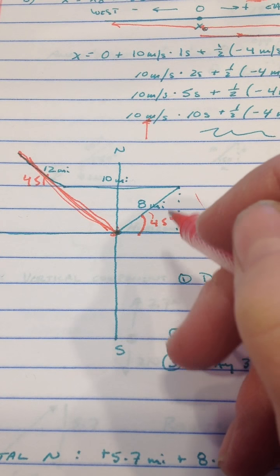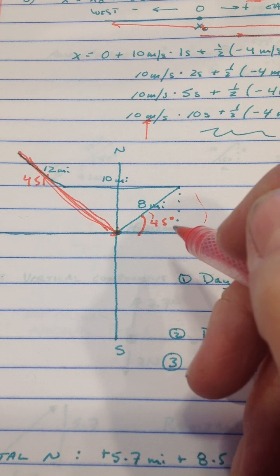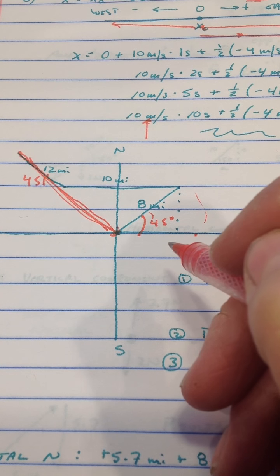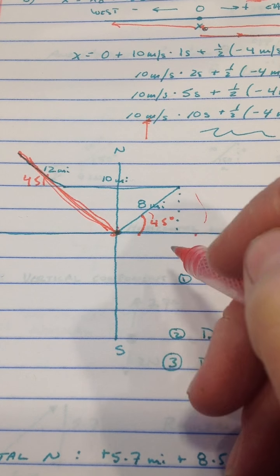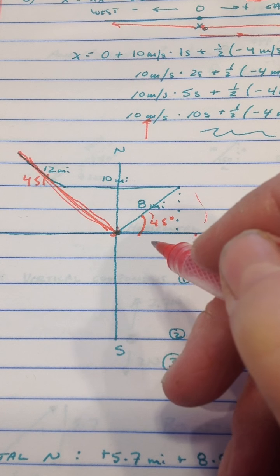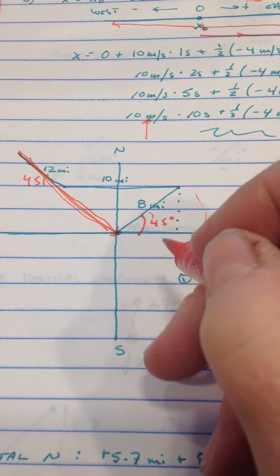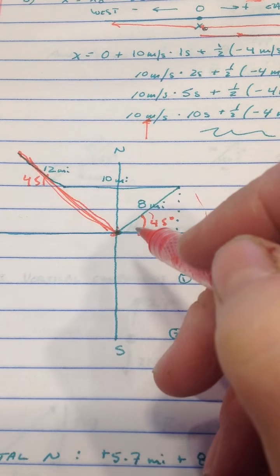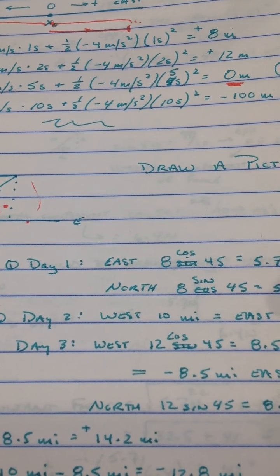And then you have 1, 2 northward components which you can add up. And then taking those summed or net east-west components and the summed north-south components, you can then use Pythagorean theorem and some trigonometry to find out something about the resultant vector. So let's take a look at doing that.